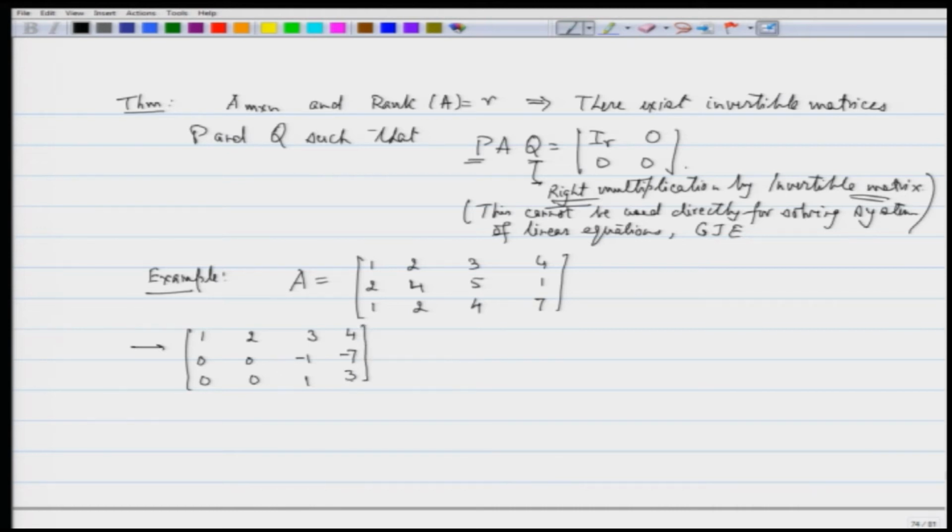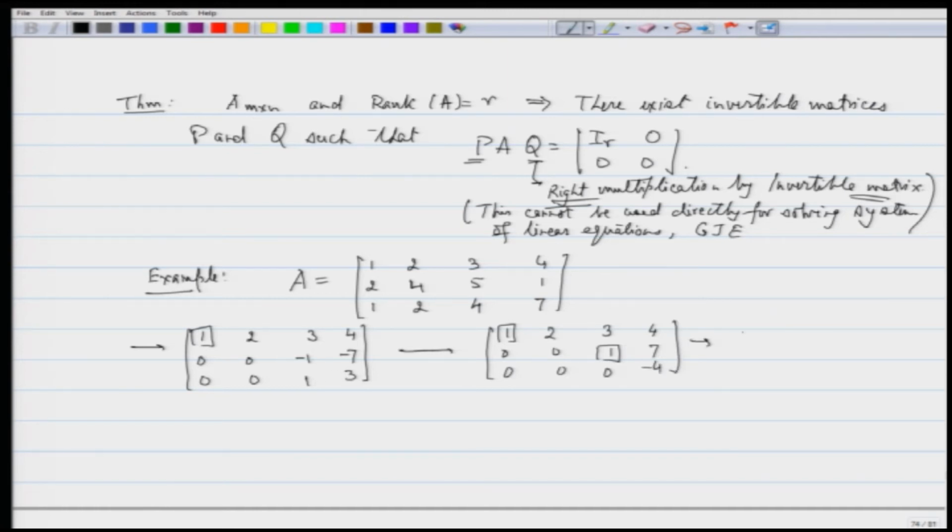I have this. At the next stage, I can take it as 1 2 3 4, there is this pivot that I have, 0 0 1 7, this is my pivot, 0 0, and I can make the entry 0 by just adding it, so minus 4.